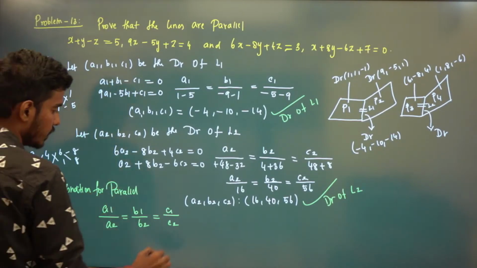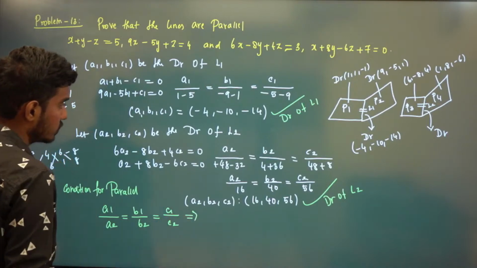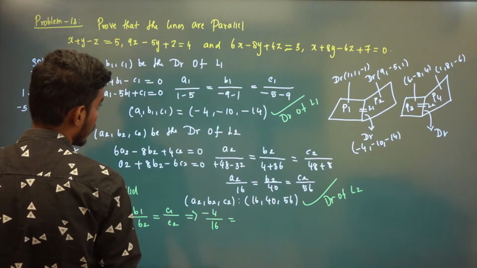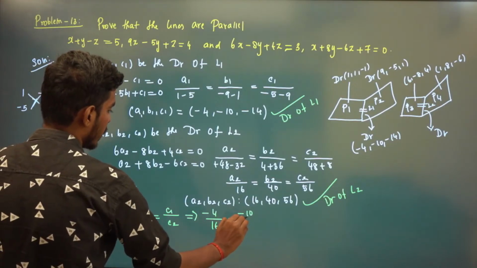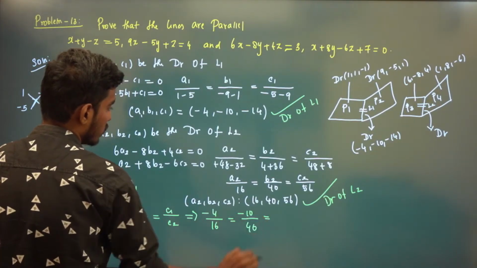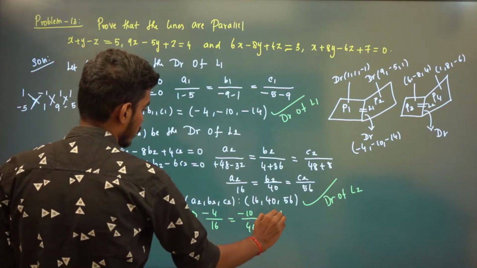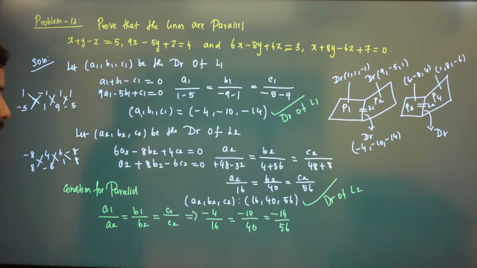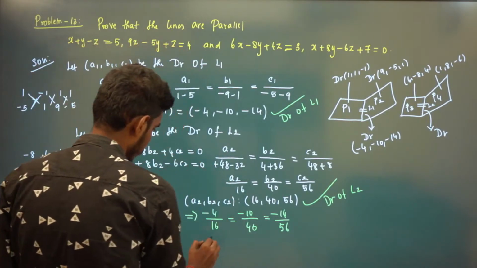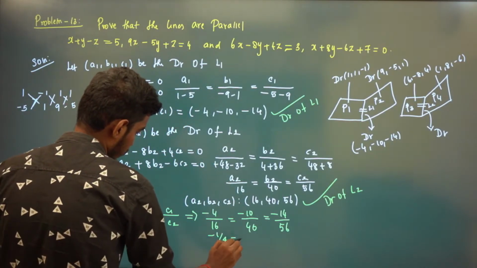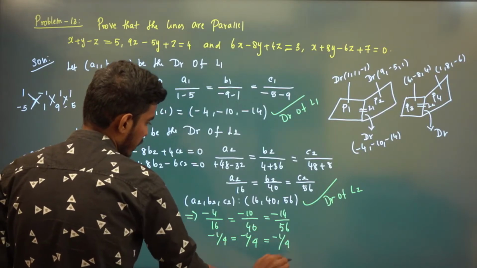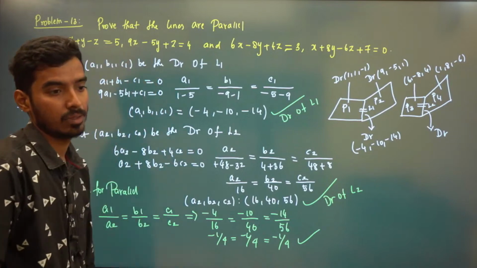So just see what happens. Minus 4 by 16, minus 10 by 40, minus 14 by 56. You can see all are equal, right? All are equal to minus 1 by 4. Therefore, they are parallel. Is it clear?